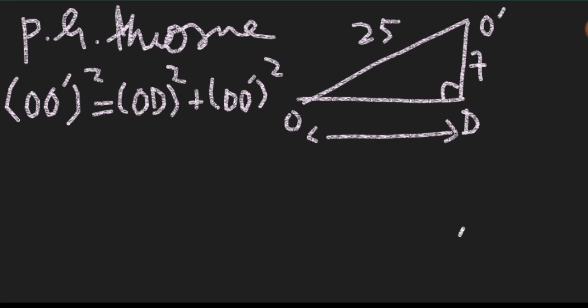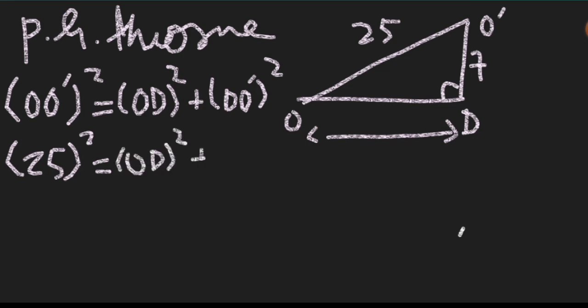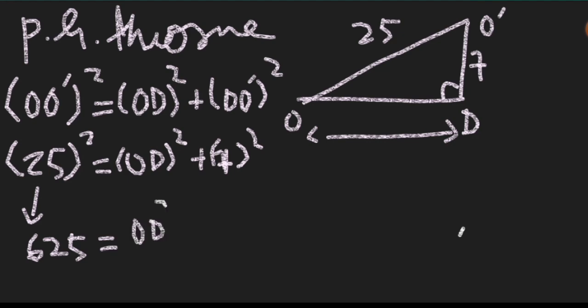Now OO dash is 25, square will be equal to OD square, we have to find this one, plus DO dash square is 7 square. Square of 25 is 625, which is equal to OD square plus 7 multiplied by 7 will be 49.